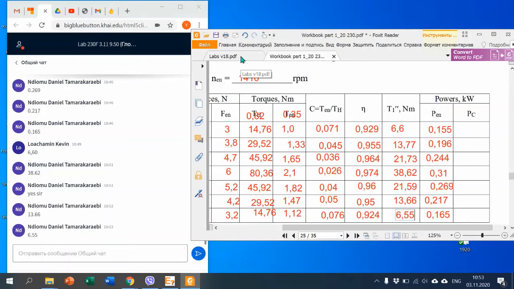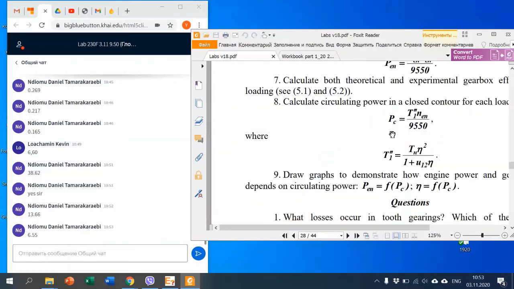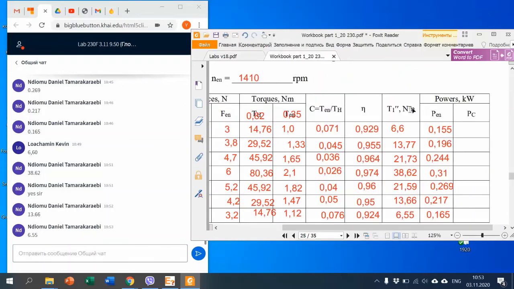Then circulating power should be calculated like this: T1 times T engine, 1410 divided by 9550. 6.60 times 0.155, right?